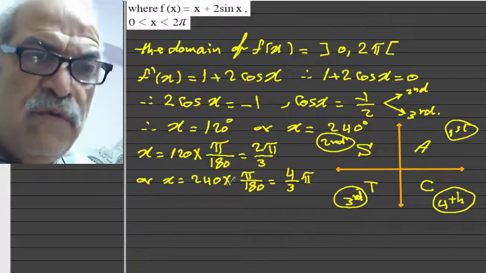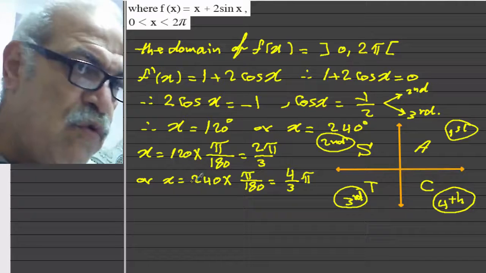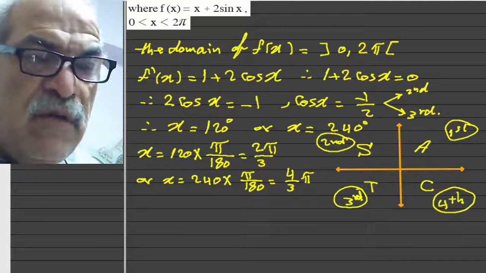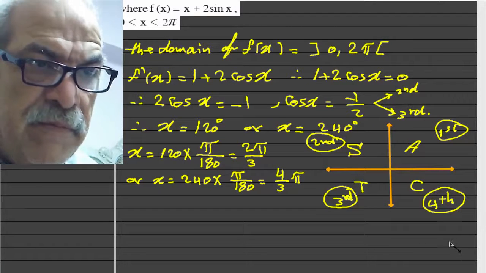So we will check the sign of f dash of x about these two values using the number line here.